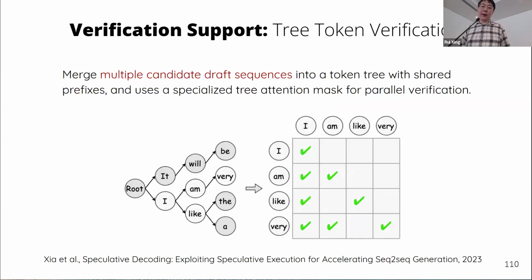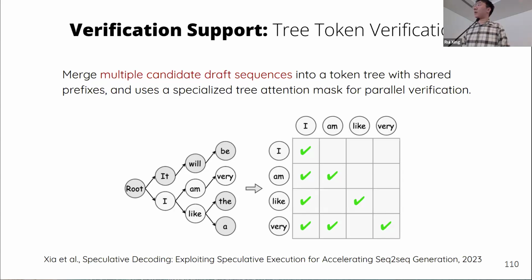Okay, the last one is tree token verification. It's relatively complex. If you remember the tree we have seen in the REST work, it tries to build a tree instead of a chain for the drafting. So it merges multiple candidate draft sequences into a token tree with a shared prefix.